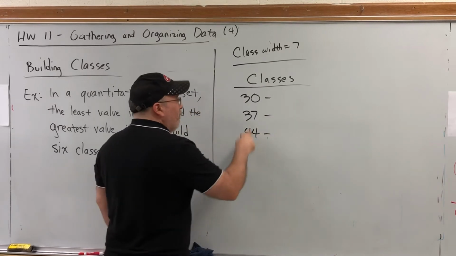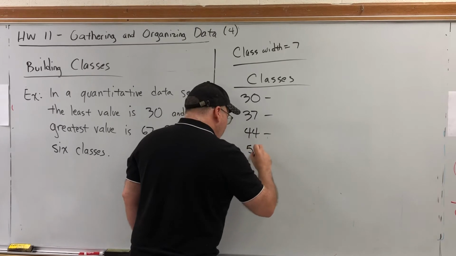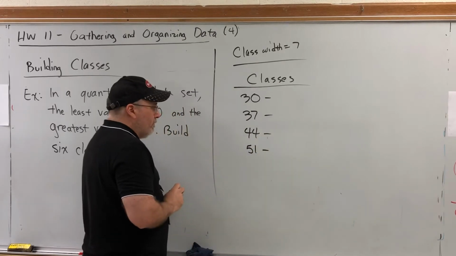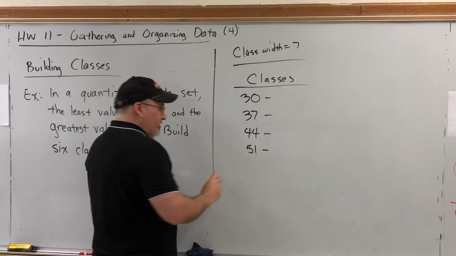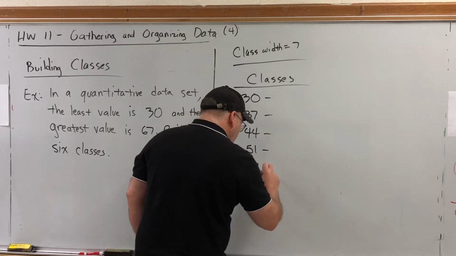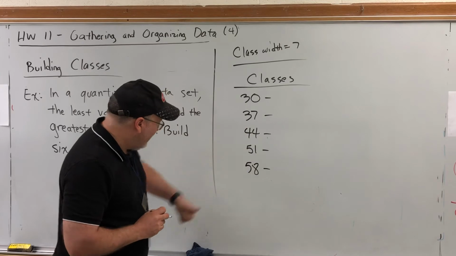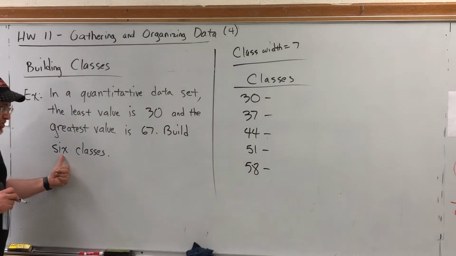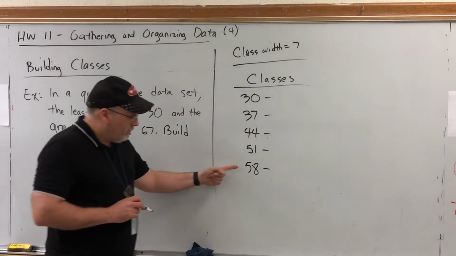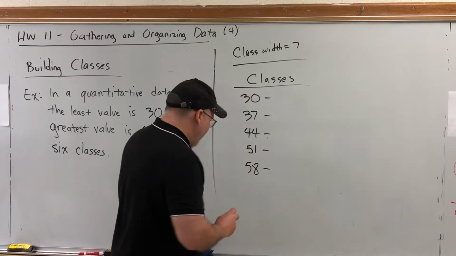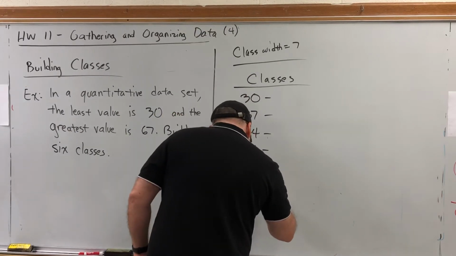And the next one at 44 plus 7, which is 51. And the next one at 51 plus 7, which is 58. So far we have opened up 1, 2, 3, 4, 5 classes, but we were asked to build 6, so we need one more. 58 plus 7 is 65.